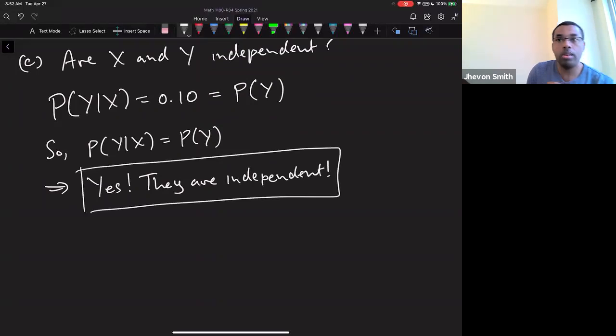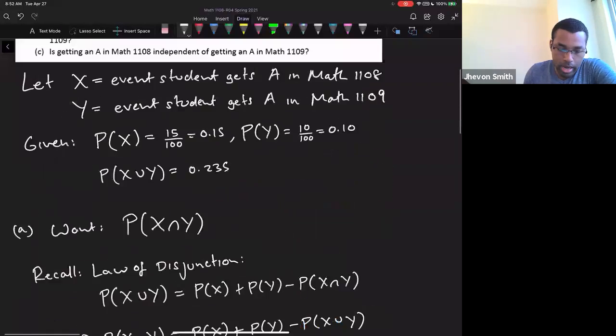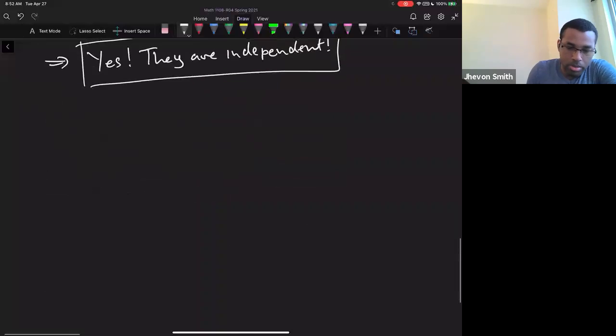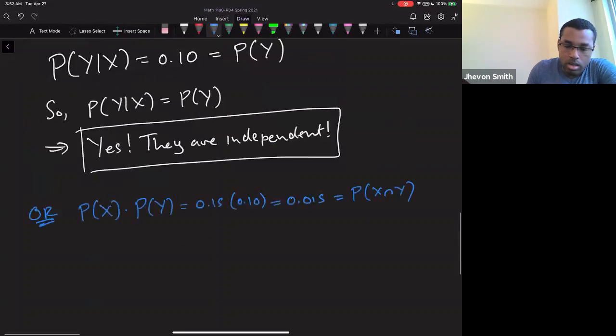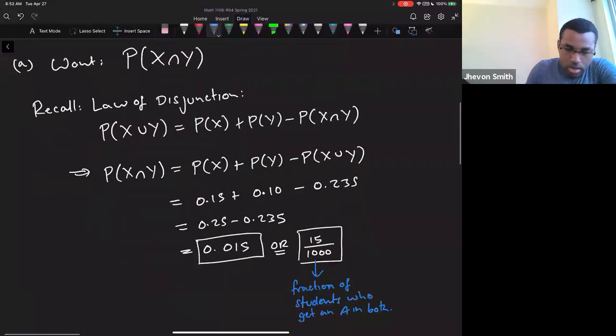Okay, good. Now, you do have another option, or you could notice that if you took the probability of X times the probability of Y, you would get 0.15 times 0.1. That would give you 0.015, and that was the probability of X and Y we found up here.